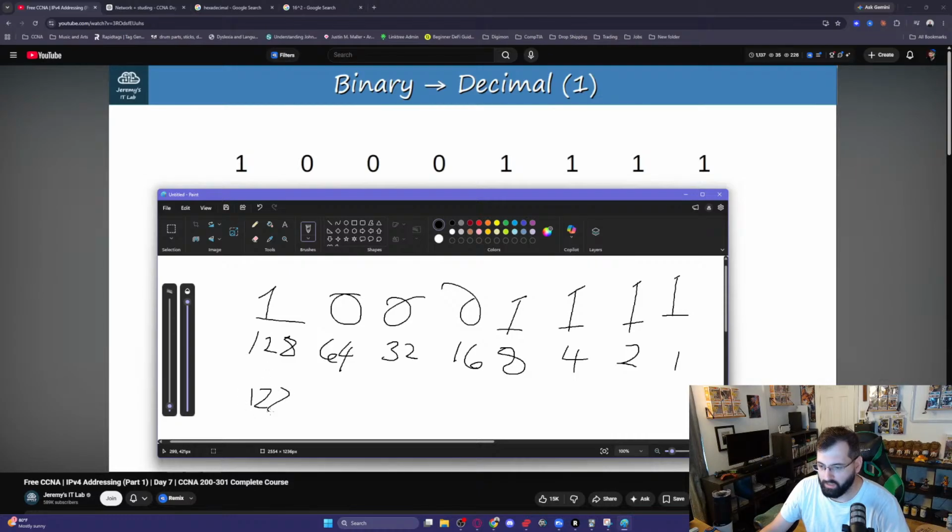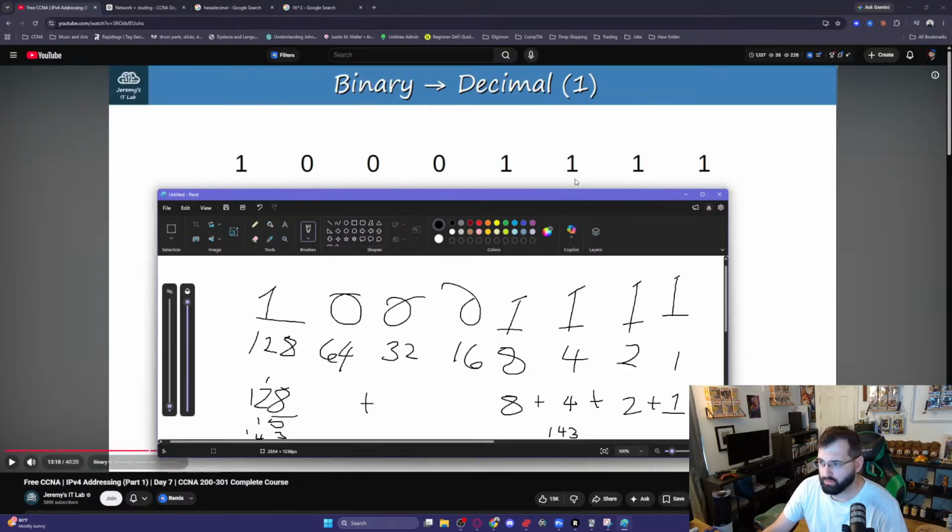We're going to add 128 plus 8 plus 4 plus 2 plus 1. So 8, 9, 10, 11, 12, 13, 14, 15. 15 added to this, that's going to be 13. Carry the 1. That's 2, 3, 4, and 1. So the answer is 143. Right? Are we following?